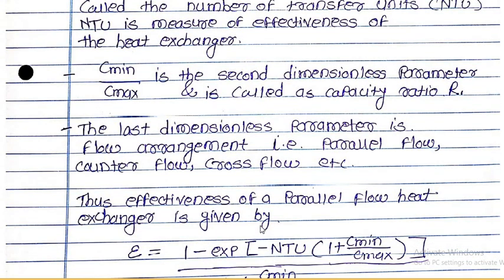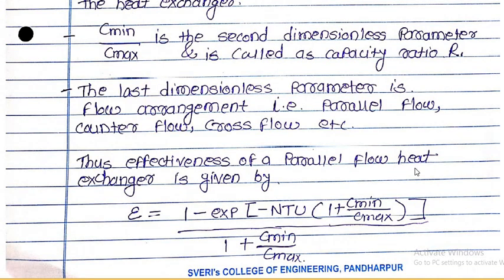The effectiveness of a parallel flow heat exchanger is given as, in general, effectiveness is equal to 1 minus exponential into bracket minus NTU, because U multiply by A divided by C minimum is nothing but NTU, that is number of transfer units. So exponential into bracket minus NTU into bracket 1 plus C minimum divided by C max, bracket complete, square bracket complete, whole divided by 1 plus C minimum divided by C max.